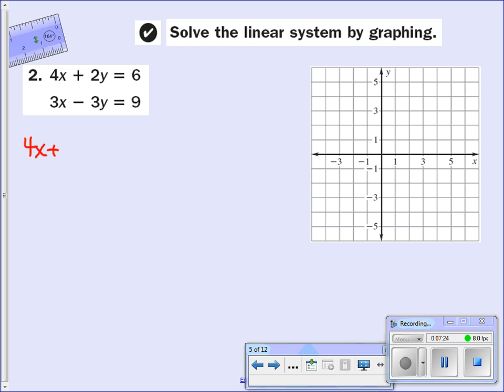Let's get 4x plus 2y by itself, get y by itself. I would strongly recommend starting to be able to do some of this mentally because otherwise this is going to take you a long time to solve. So negative 2x plus 3.